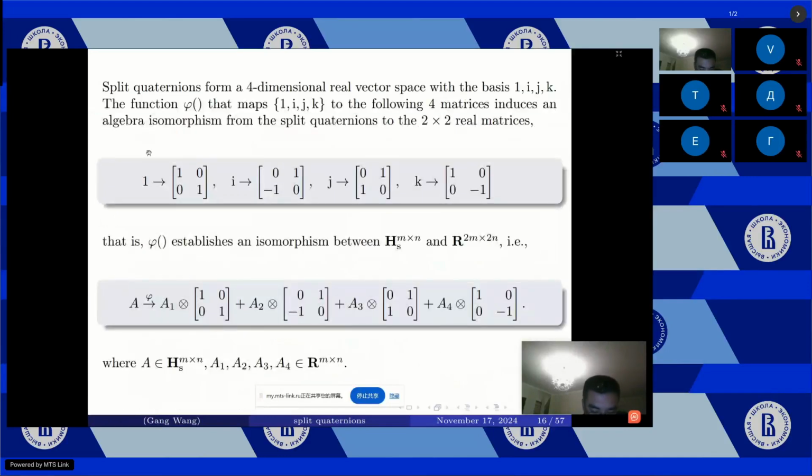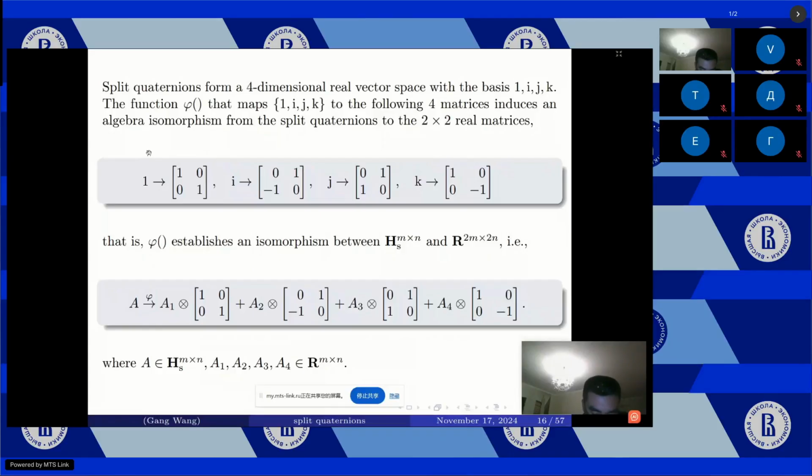From another perspective, split quaternions form a four-dimensional real vector space with the basis 1, i, j, k. A mapping function denoted as phi associates these basis elements with specific 2x2 real matrices.